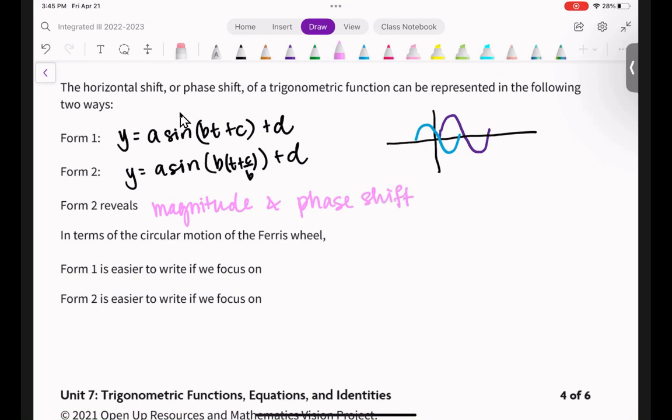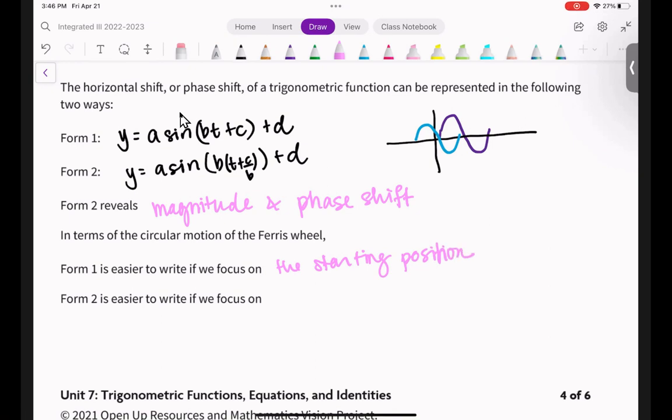Okay. In terms of the circular motion of the wheel, form 1 is easier if we focus on a shift in the starting position of the Ferris wheel. It's easier to write if we focus on the starting position. Like, where did he start? Position.